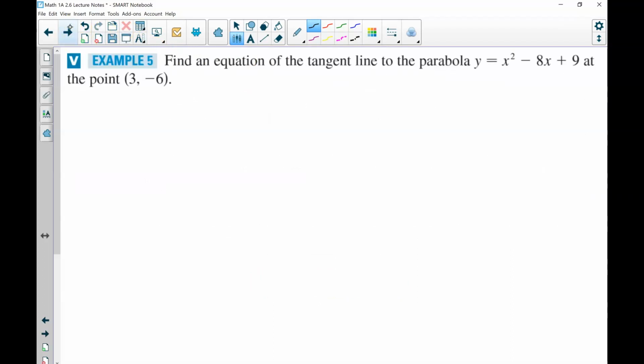Okay, now let's take a look at example number 5. We want to be able to find an equation of the tangent line to the parabola y is equal to x squared minus 8x plus 9 at the point 3, negative 6. Okay, so if it's at the point 3, negative 6, this tells us that a is equal to 3 and that the output f of a would then equal negative 6.